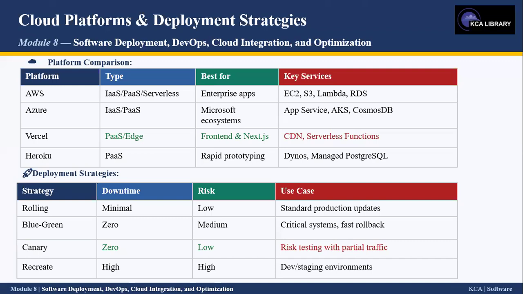Deployment strategies are rolling updates, gradual replacement of old versions; blue-green, two identical environments with an instant switch; and canary, rolling out to a small user subset first. Feature flags toggle features without a deploy. Choose a strategy based on risk tolerance and user impact.